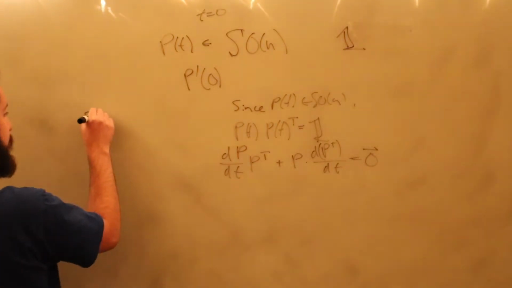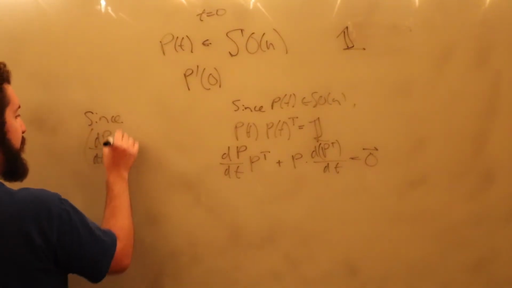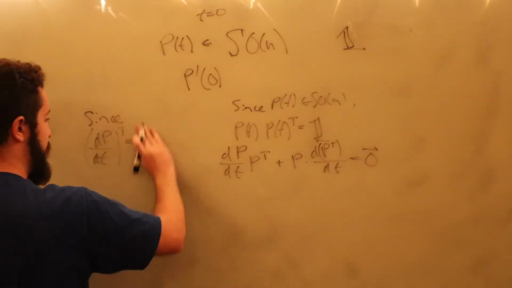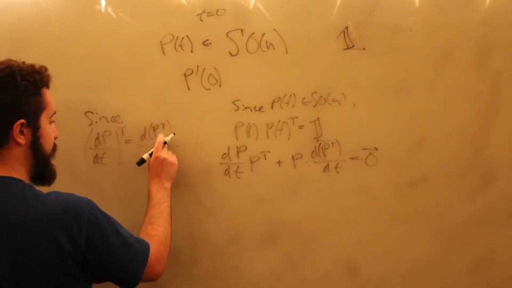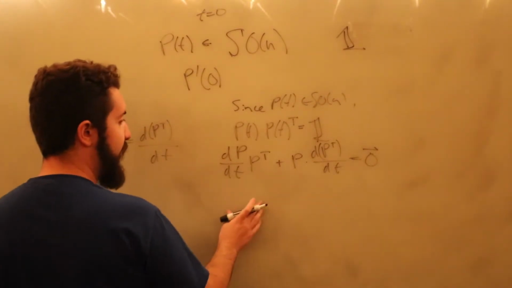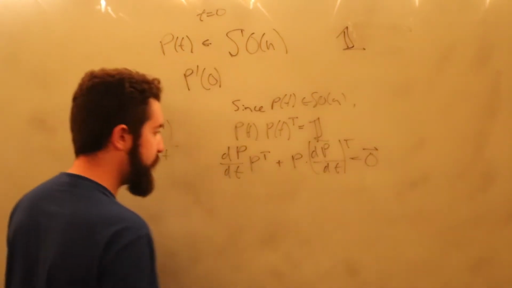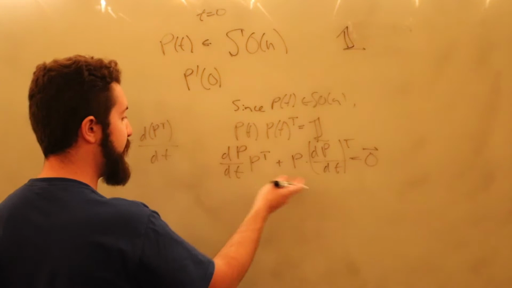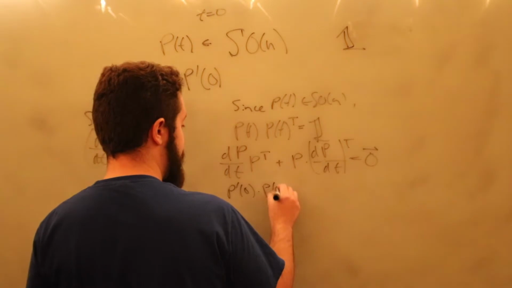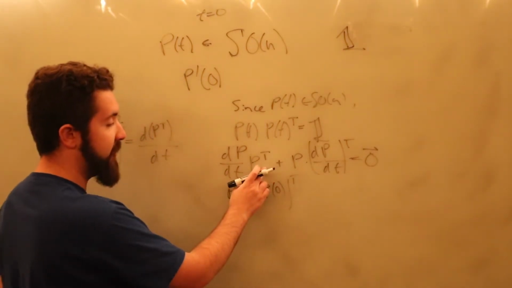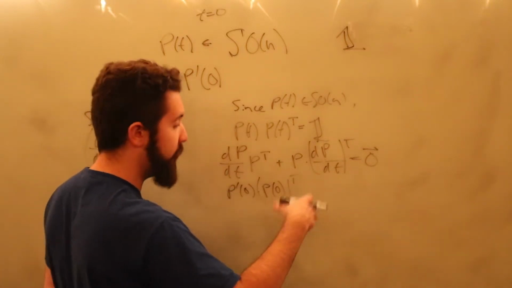Now, since it is always true that (dP/dt) transpose is equal to dP transpose/dt, we can substitute this for this, and then if we plug in 0 for t, this means that P'(0) times P(0) transpose, we also have that P transpose of 0 is equal to P(0) transpose, right?